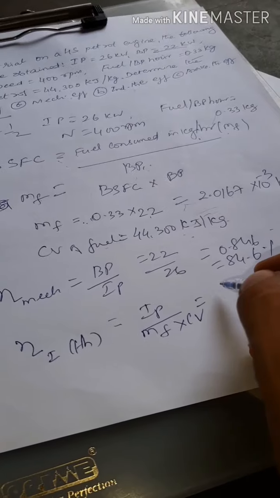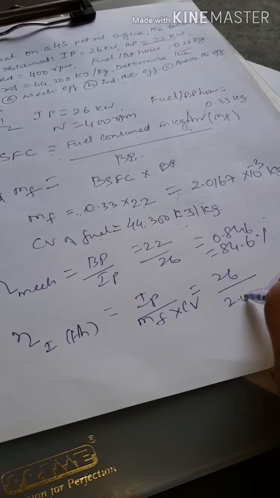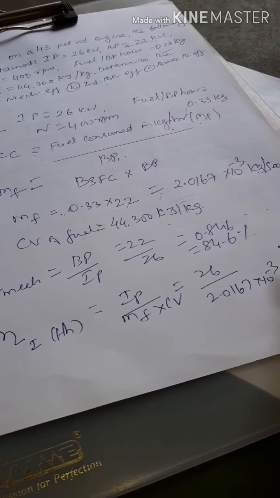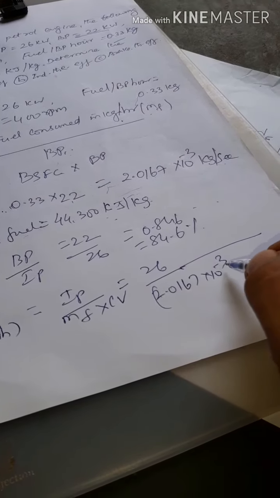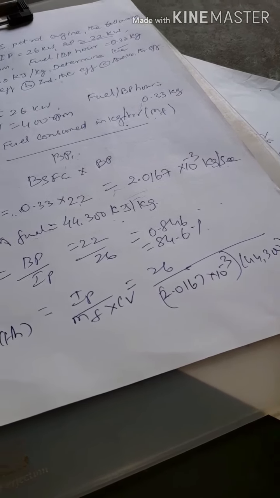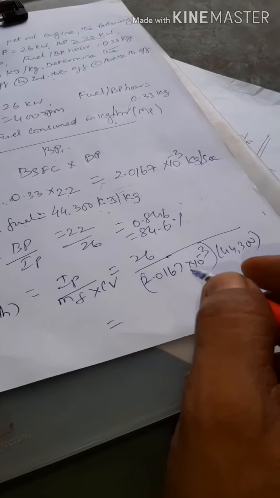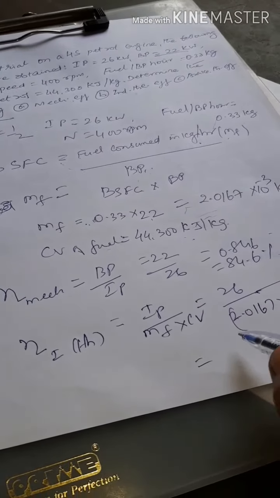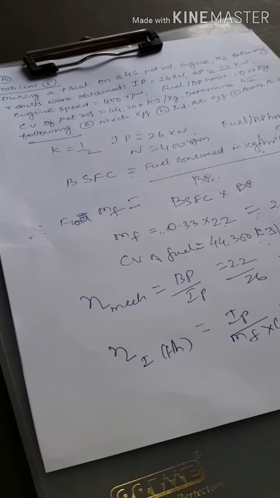So indicated power is 26 divided by 2.0167 into 10 to the power of minus 3 multiplied by the calorific value, 44,300. That is the calorific value of the fuel. So you are going to get the indicated thermal efficiency as 29.11 percentage.